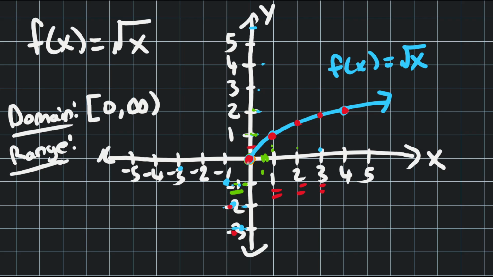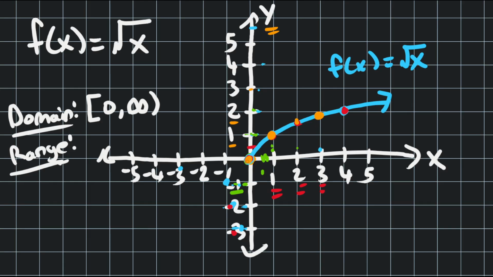Now, what's the range of this? Let's take a look at the y-axis for the range. It can be 1 right there. It could be 2 right there. It could be 3. It could be 4. So the range can be every positive number right here.